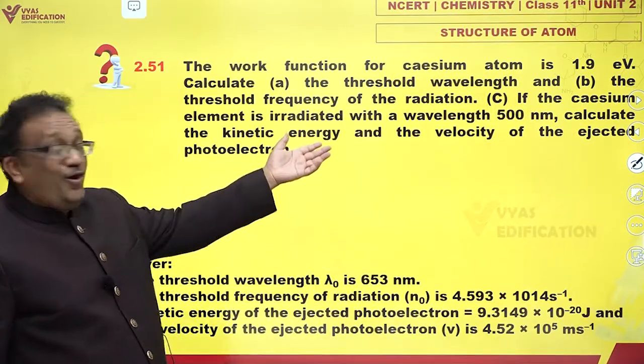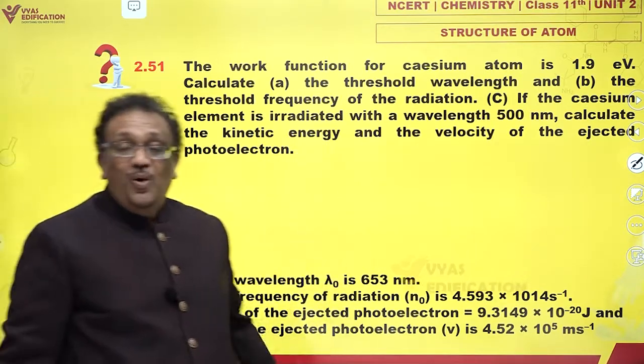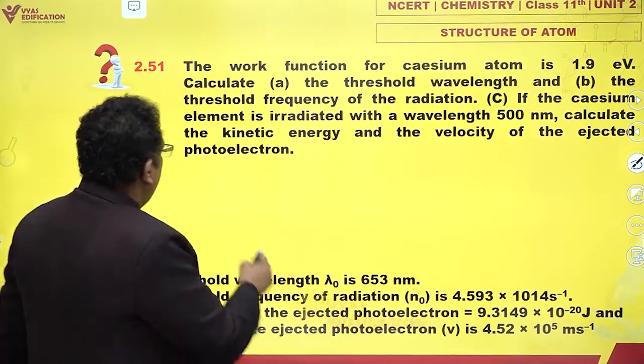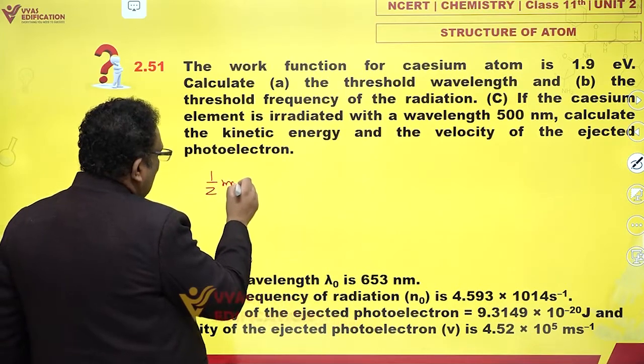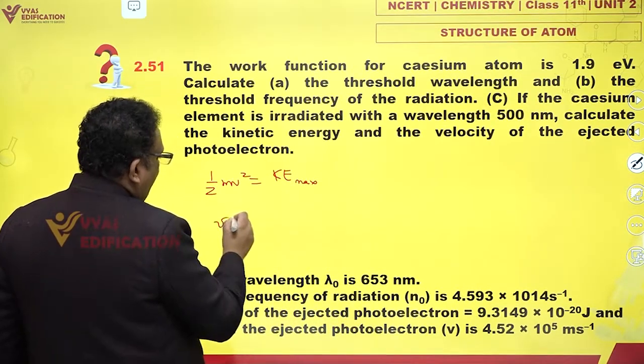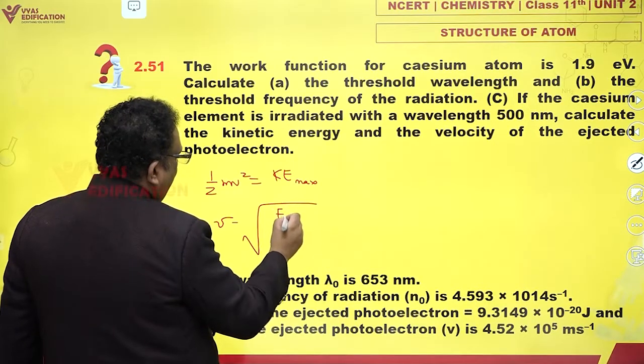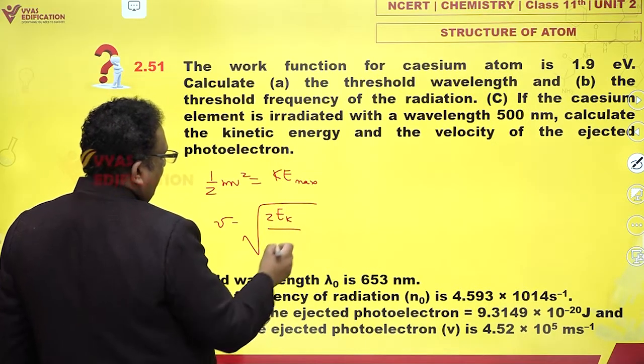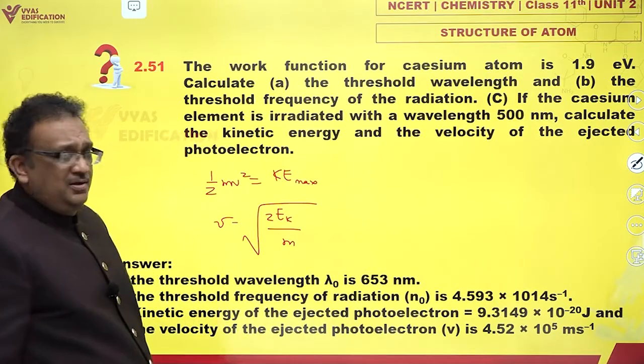Lastly, we have to find the velocity of ejected photoelectron. Wow, how do we find that? Very easy. Half mv square is KE max. So v is under root kinetic energy into 2 by m. Right?